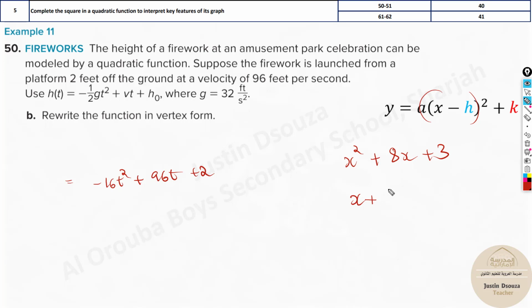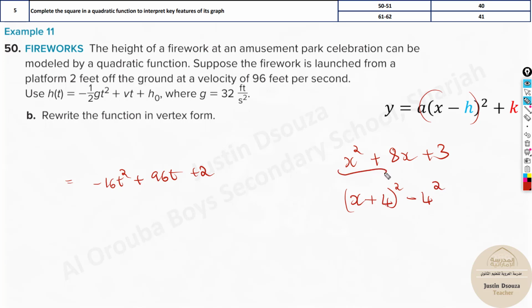If it was minus, it'll be minus. Now, don't write this x. You have to just write a number. This number divided by 2. 8 divided by 2 is what? 4. Now whole square. Then it's not over. This plus 3. Before that, you must write minus this number squared, 4 squared.